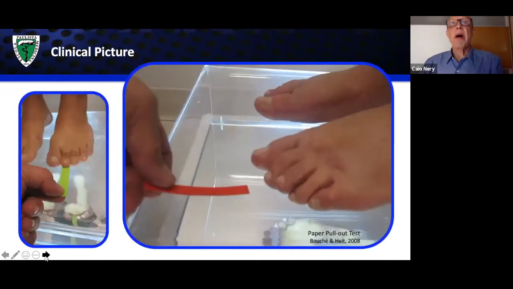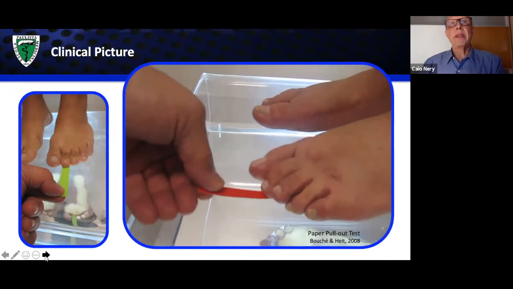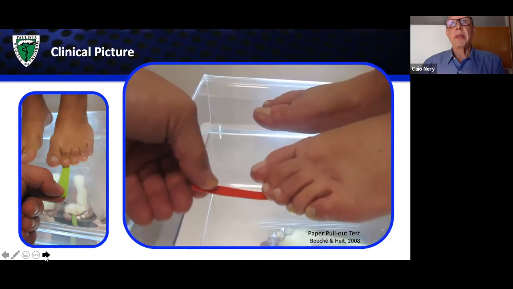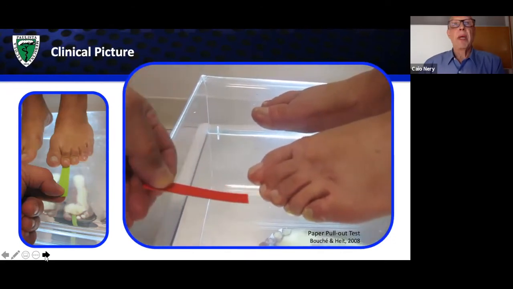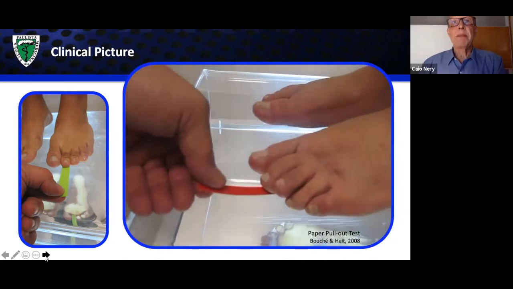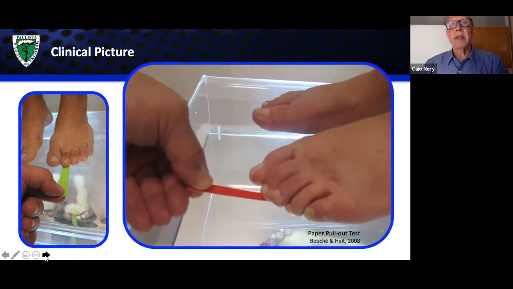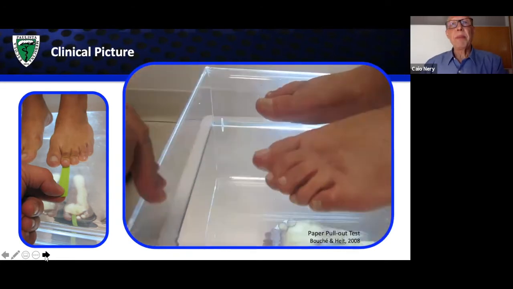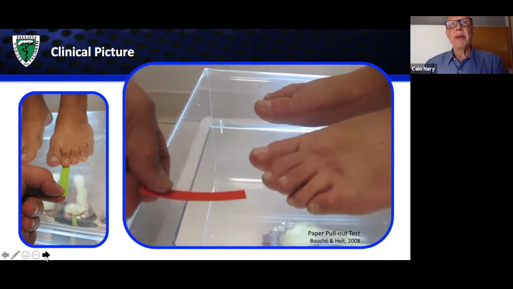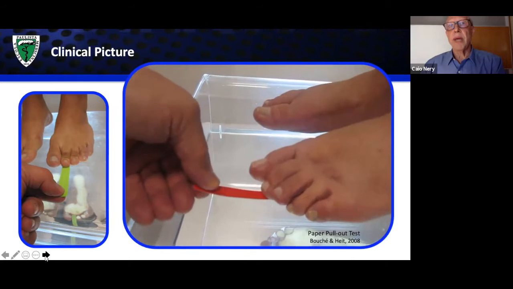The Boucher and Hoyt paper pull-out test is important to evaluate the digital purchase before and after the plantar plate repair. With the patient standing, a strip of paper is placed beneath the affected toe, and the patient is asked to plantar flex the digit. If the patient is able to prevent the paper strip from being pulled out from beneath the digit, this is considered a normal test.